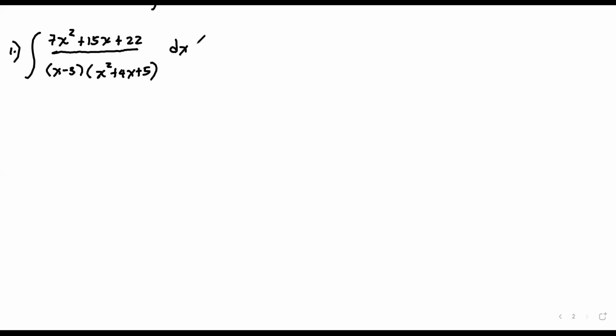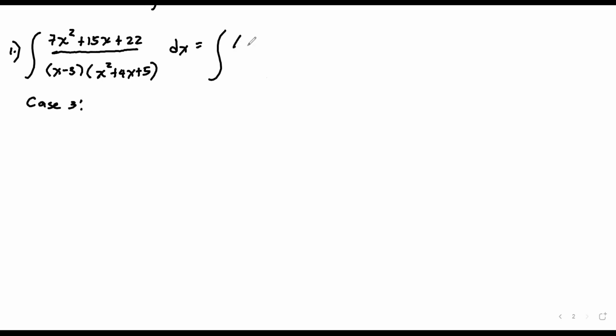So when we get the factor of our denominator, we will have integral of 7x squared plus 15x plus 22 over, di na pala natin siya kailangang pang i-factor. How are we going to get the form for case 3? So this is using case 3.